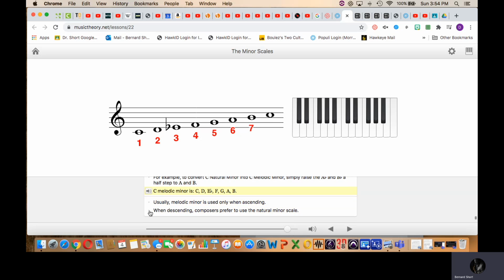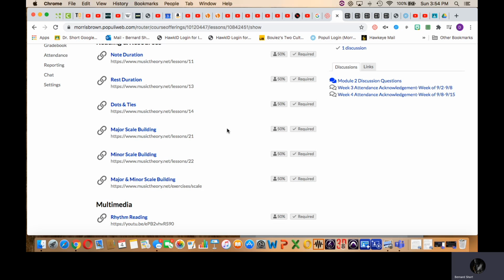That was ascending. Now watch descending. You see how it raised going up and then it lowered on the way down. That's the melodic minor scale.